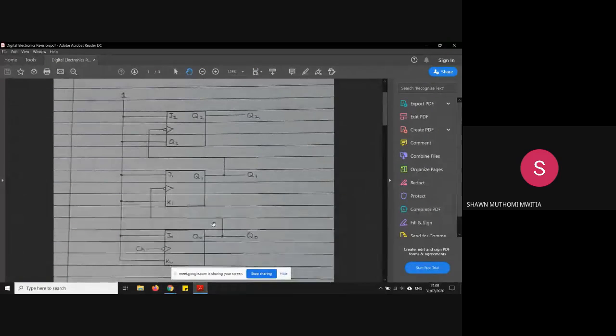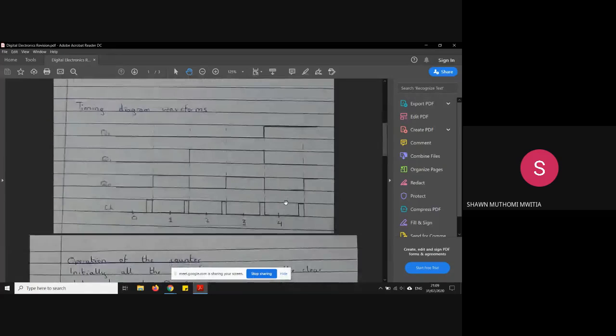The second flip-flop will get its clock signal from the output of the first flip-flop. Then it goes on like this. This is basically how the timing waveforms will come out.